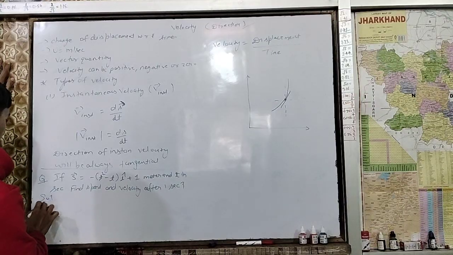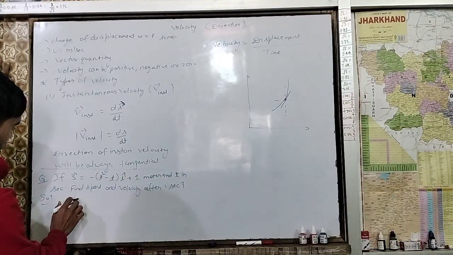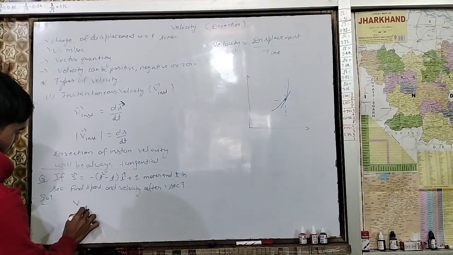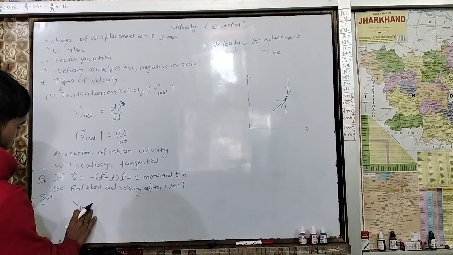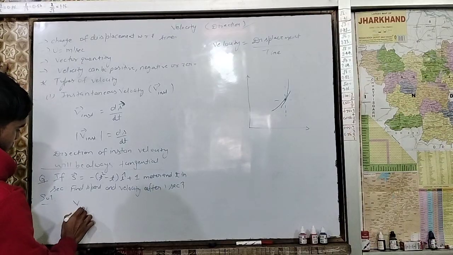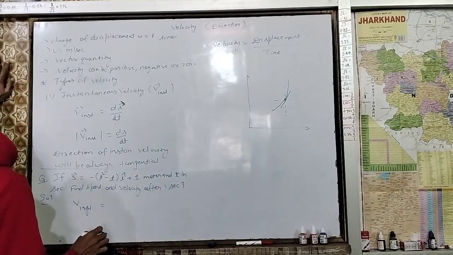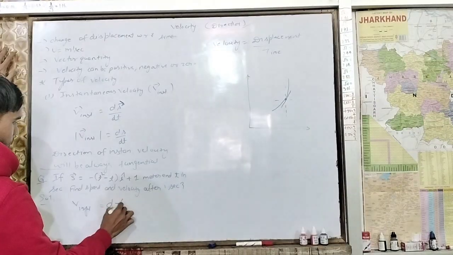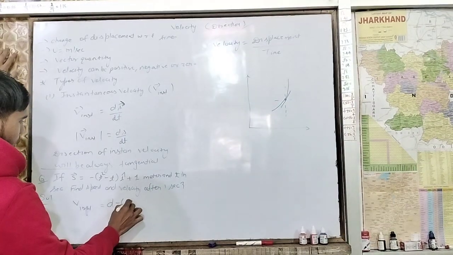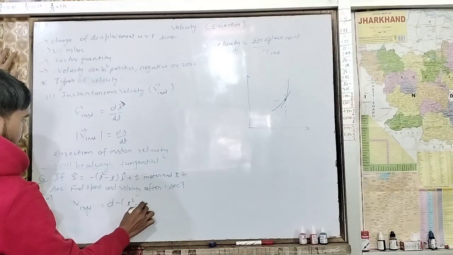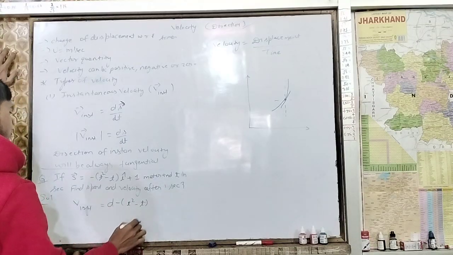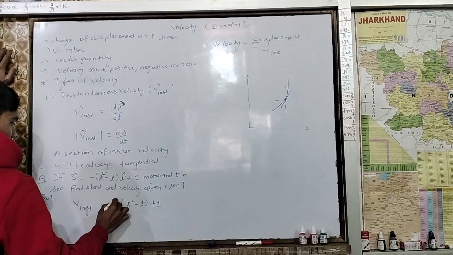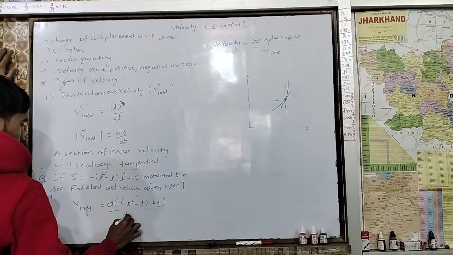So the answer will be: instantaneous velocity will be ds upon dt. So d of minus t raised to power 2 plus t plus 1 upon dt.